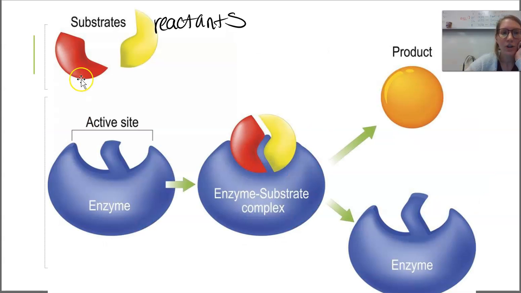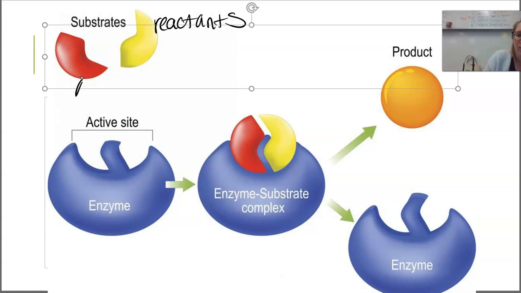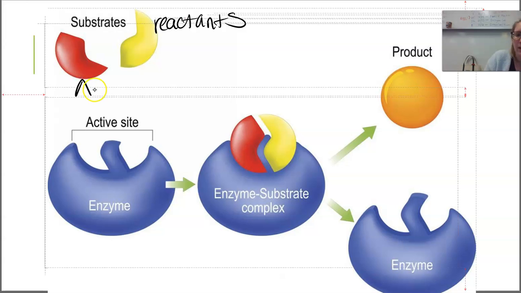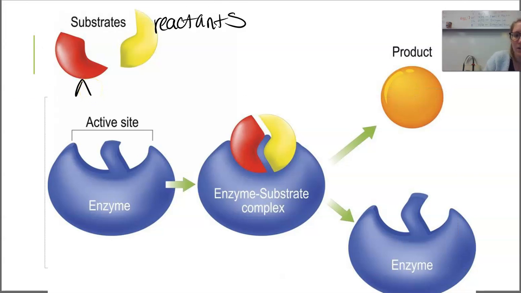So this showed, if you had two substrates or two reactants that are trying to bond together, like we were talking about in the beginning, if you had A trying to get together with B, then you would create product AB bound together.